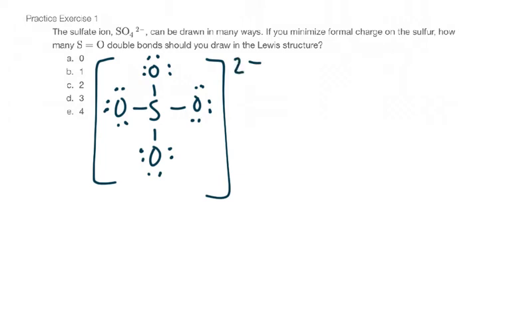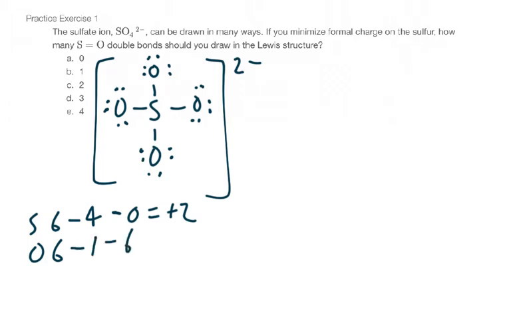Remember, this is -2. Now, if you do formal charges here, you're going to notice that the sulfur, which has 6 valence, has 4 sticks around it and no dots. So the valence around the sulfur is 6 minus 4, which is a +2. And then the oxygens, they're all the same, so it's 6 for its valence. Each oxygen has 1 stick, and each oxygen has 6 dots.